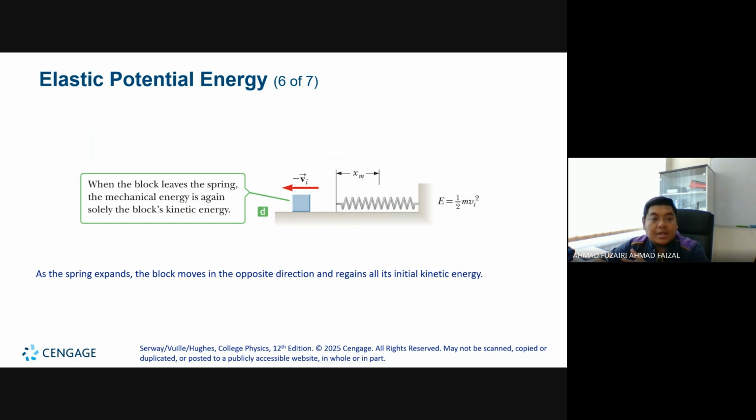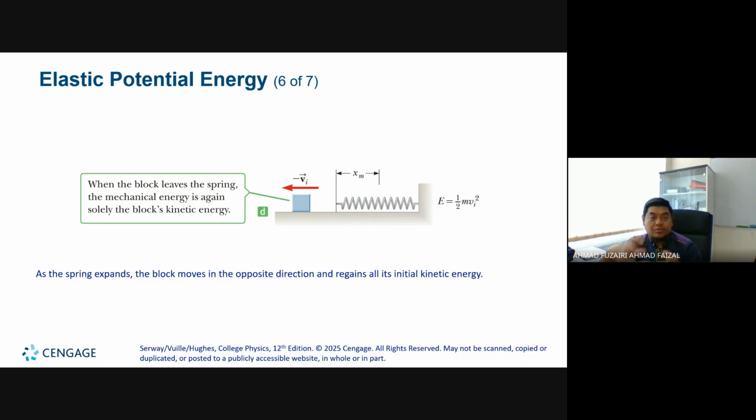As the spring expands, the block moves in the opposite direction and regains all its initial kinetic energy, as the block had before the collision.